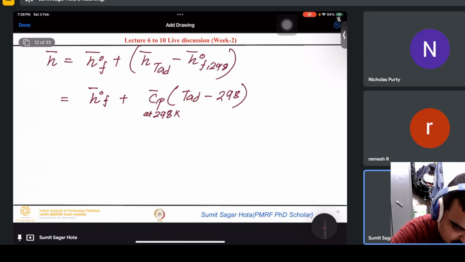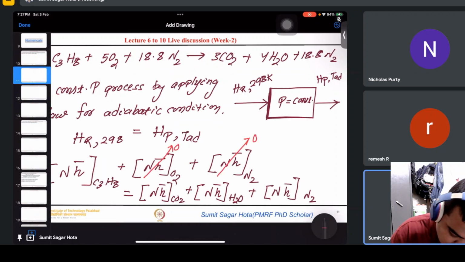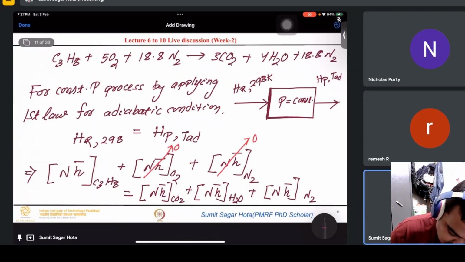We have to substitute values. Okay, values you can take from the appendix at the back of the book. It's there, available to download free online. All these values are in appendix B. This is what we have to do now: the values of propane and all the others.